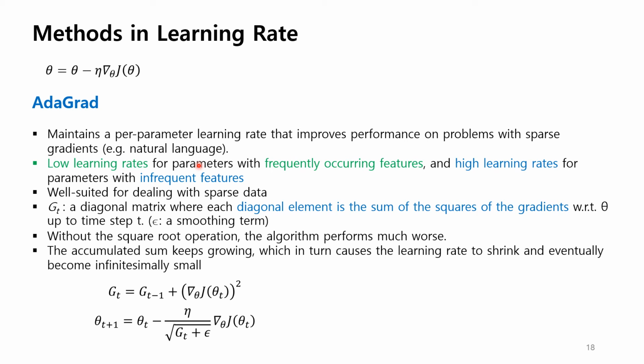In that case, we decrease the learning rate. On the other hand, for some other parameters we rarely update them, parameters with infrequent updates. In that case, maybe we can increase the learning rate for those parameters.